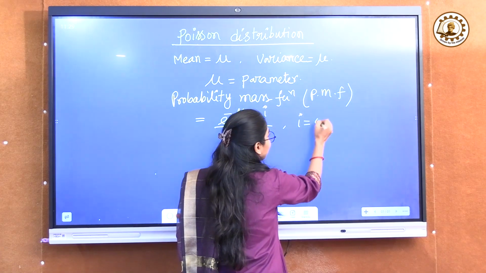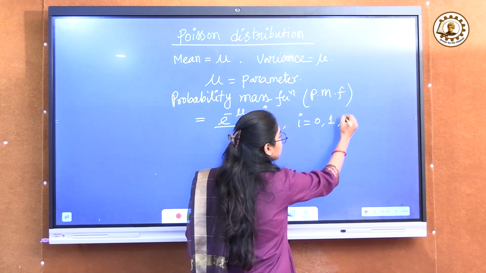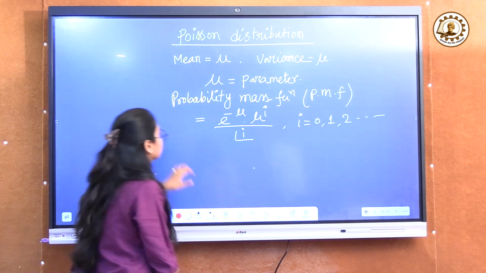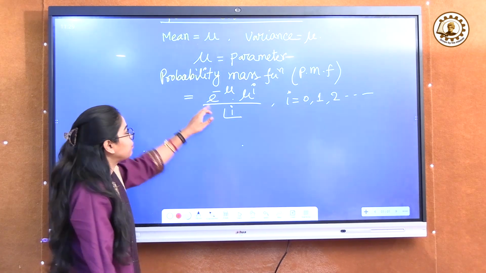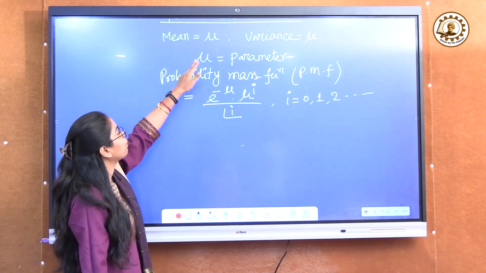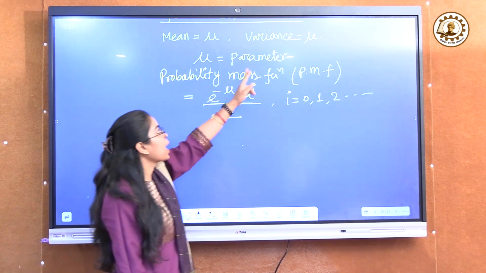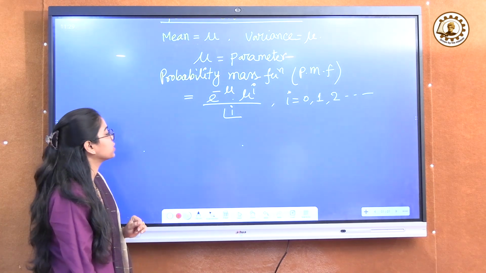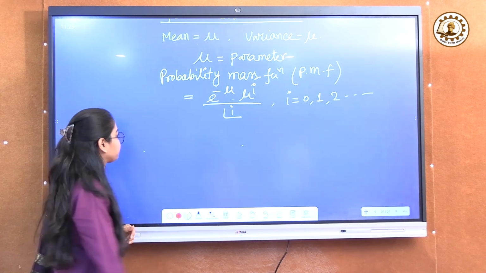The values of i start from 0, 1, 2. With the help of this probability mass function, we will prove the value of the mean and the value of the variance of Poisson distribution, which is mu.